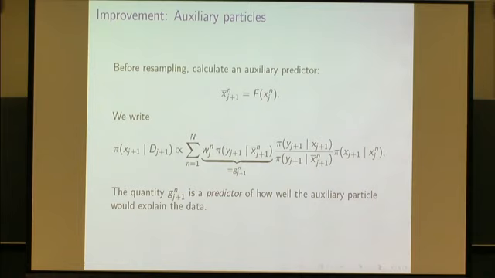So the idea is that we're going to calculate an auxiliary predictor here, and this is this barred x j plus 1. So we're going to go ahead, and before we invest too much on this one, what I'm doing here is essentially testing how this predictor is doing at predicting the data that we have at this point.